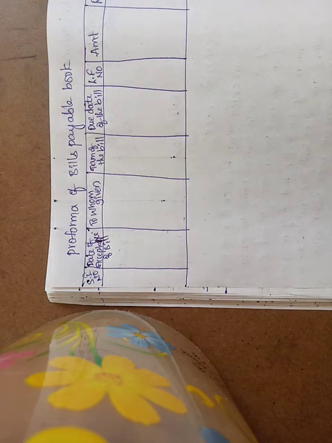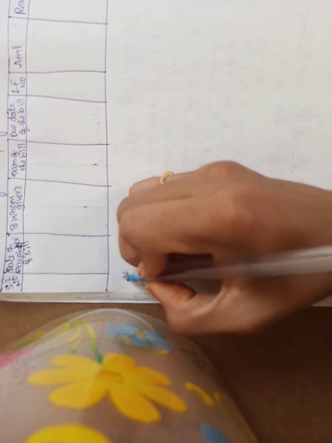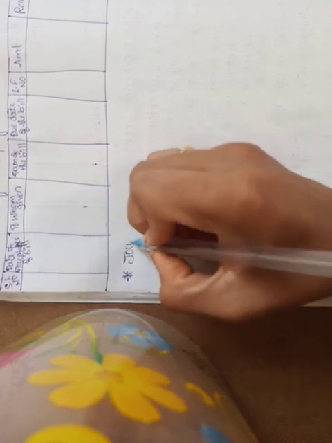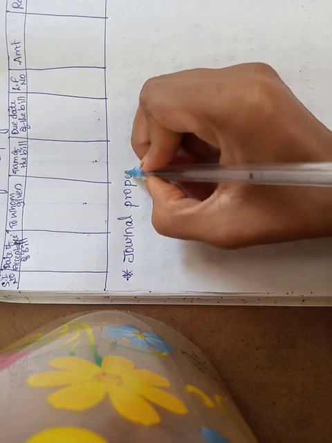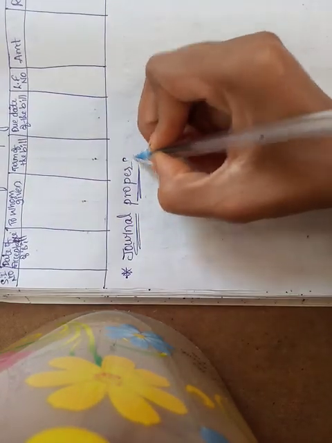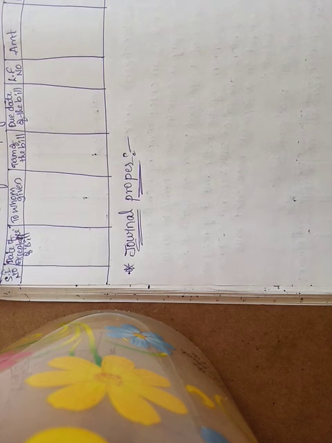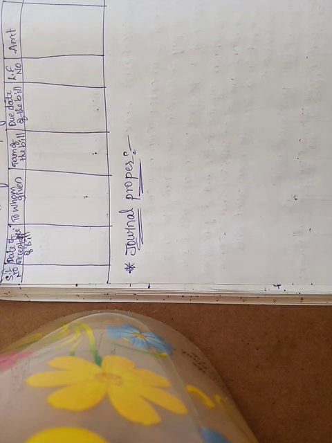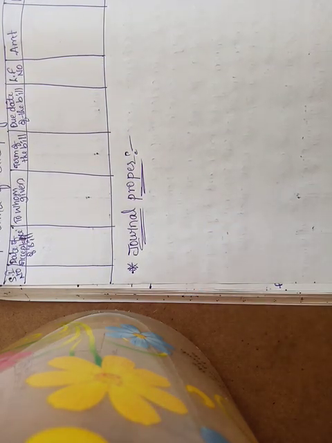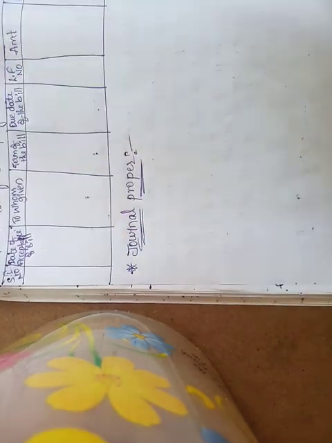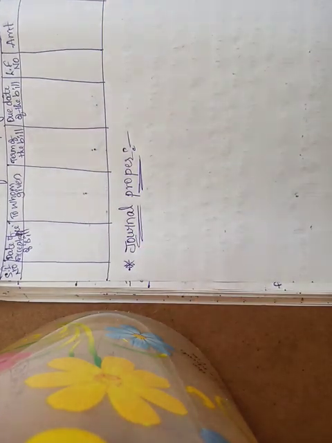In that, next is journal proper. So any transaction which is not recorded in the above books will be entered in the journal proper.